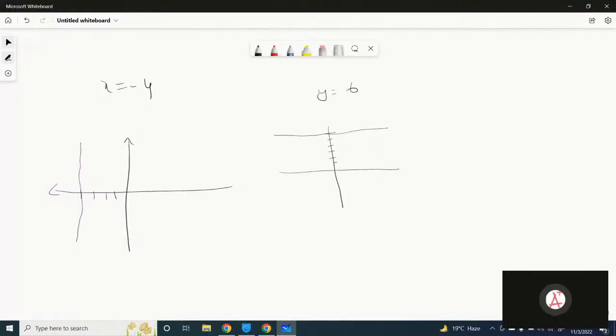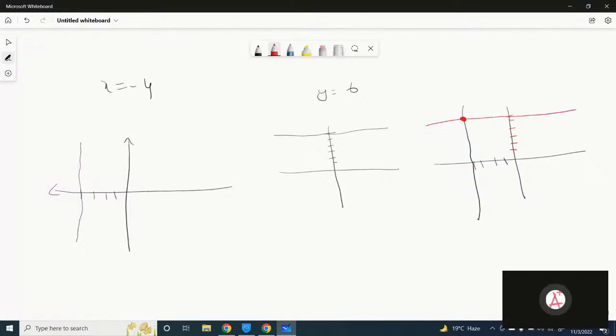Now let's plot both the graphs collectively. This is the solution of x equals -4 and this is y equals 6. So see that you just have one point of intersection.